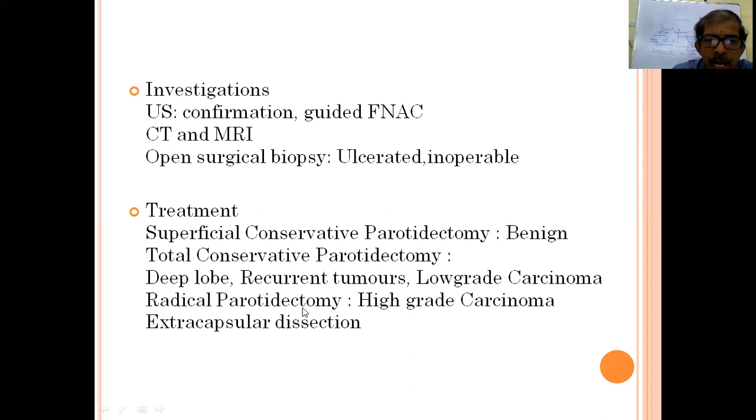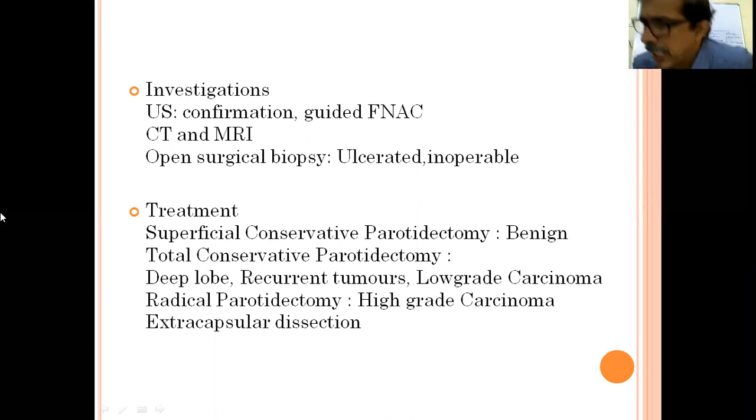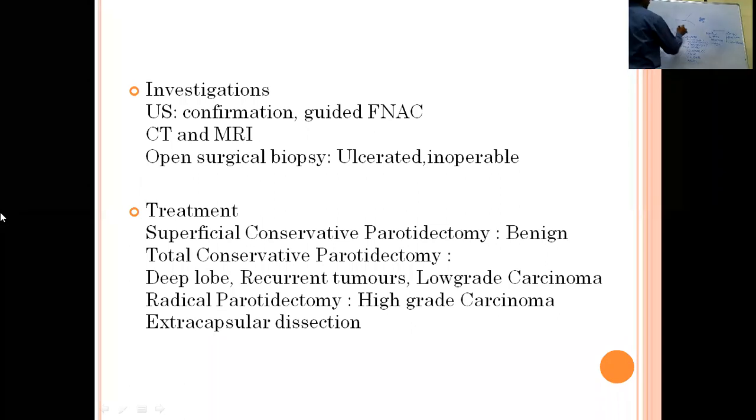And when do you do radical parotidectomy? That means you don't bother about any structure. Even the facial nerve you don't bother, suppose it is involved and it is necessary to remove it, because without removing it you are compromised.